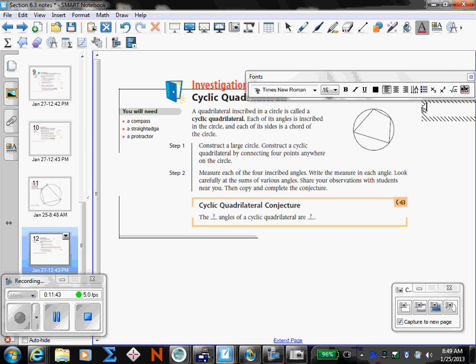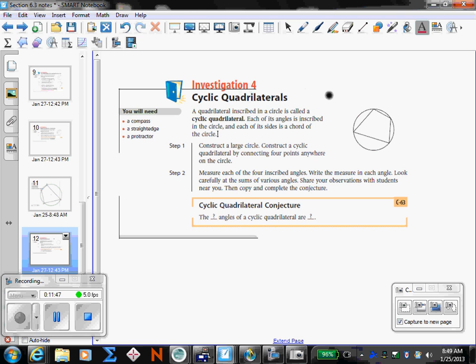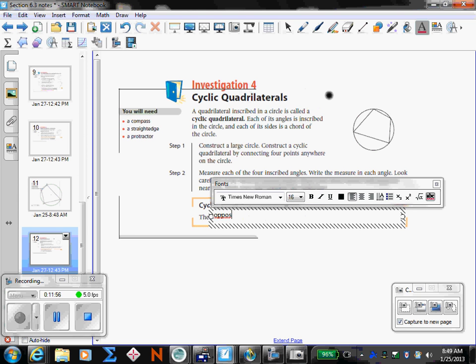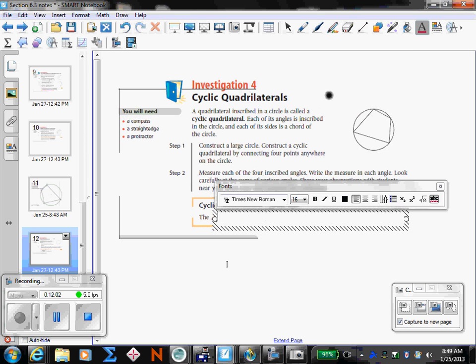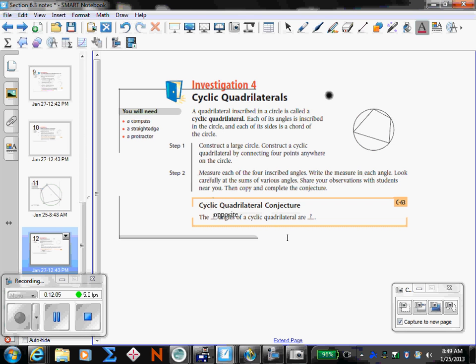Okay, so let's fill this in. We now have cyclic quadrilateral in our notes. So the opposite angles of a cyclic quadrilateral are supplementary.